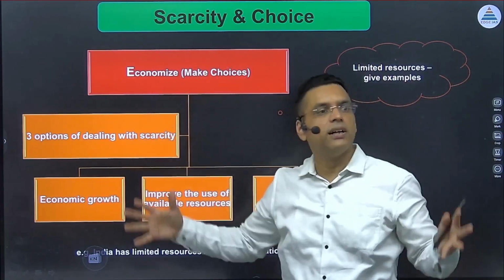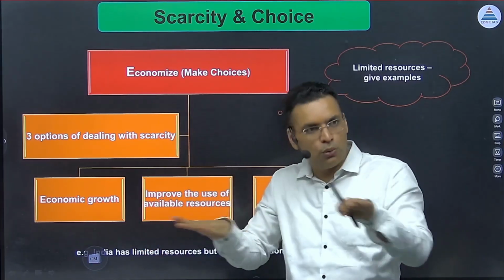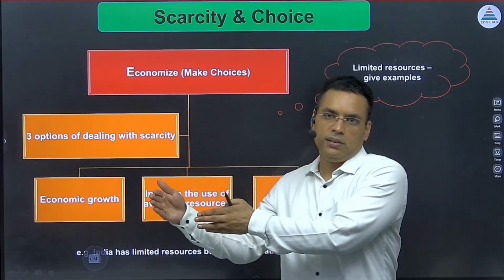Growth at quantity levels. The second, the growth has to be inclusive. It has to be redistributed. So growth with distribution. So growth नहीं होना चाहिए.